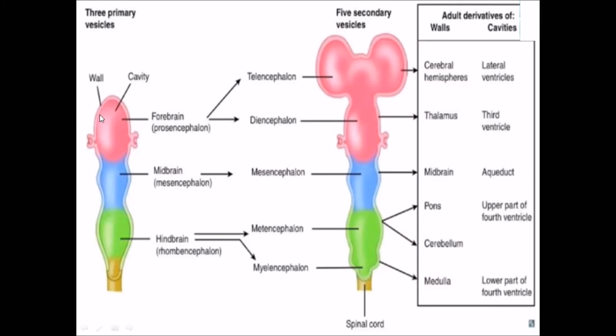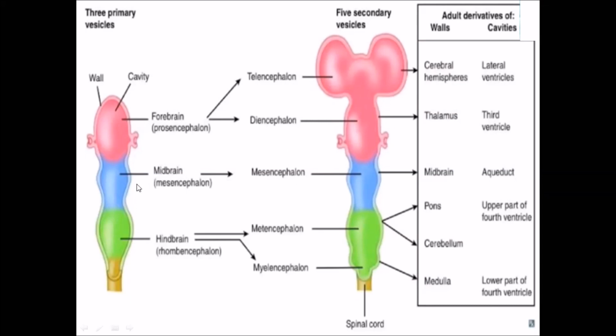This gives an appearance of a Mickey Mouse. The upper 2/3 of the prosencephalon results in the development of the telencephalon. The lower 1/3 results in the development of the diencephalon.